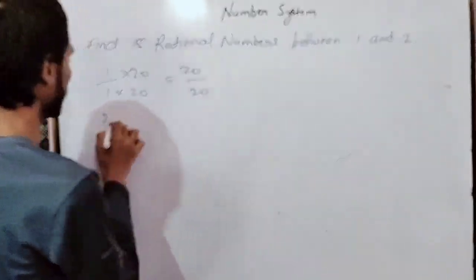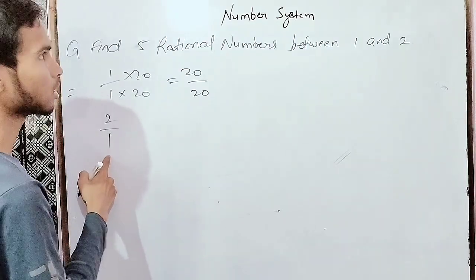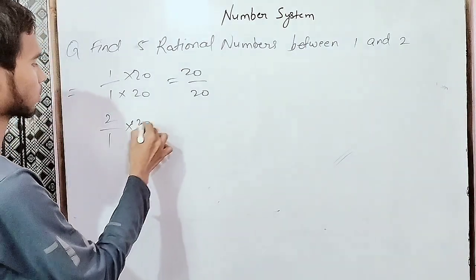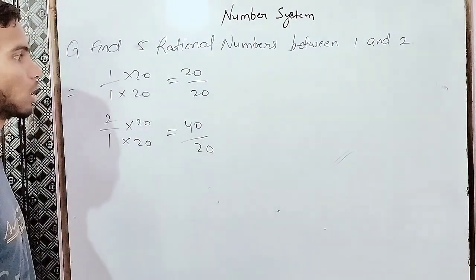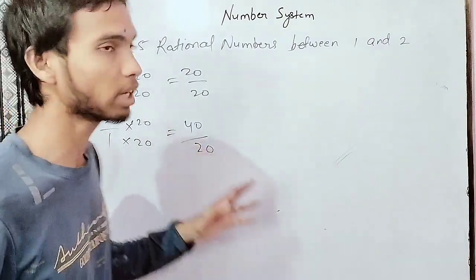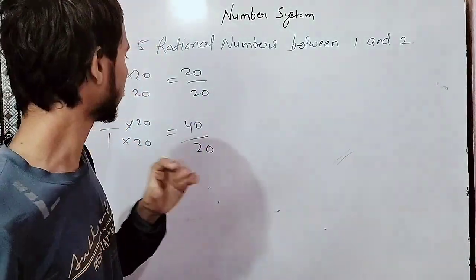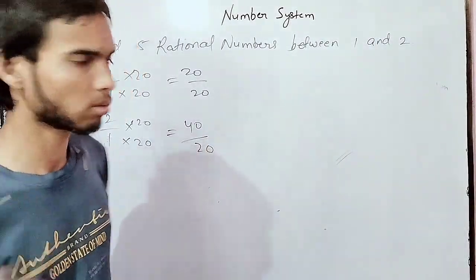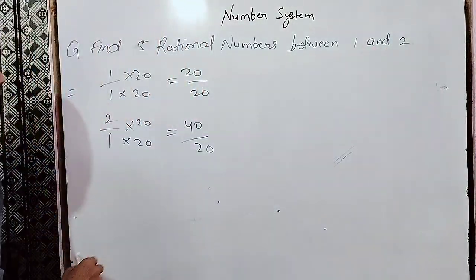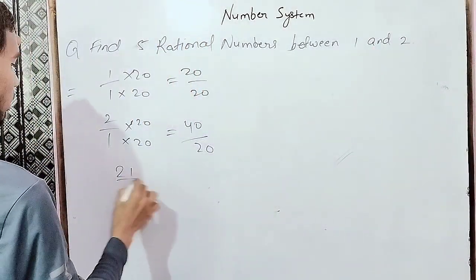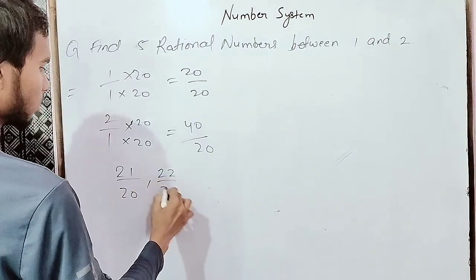Now the next, 2, can be written as, since we are multiplying with 20, 40 upon 20. Now we have 20, and there are 18 numbers between 1 and 2. So here 21 upon 20.